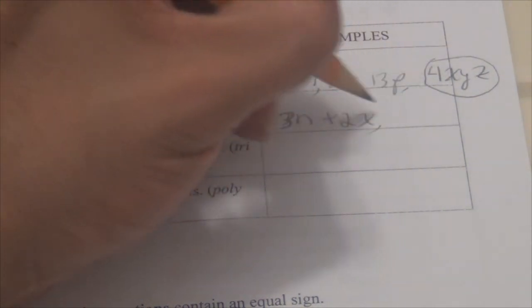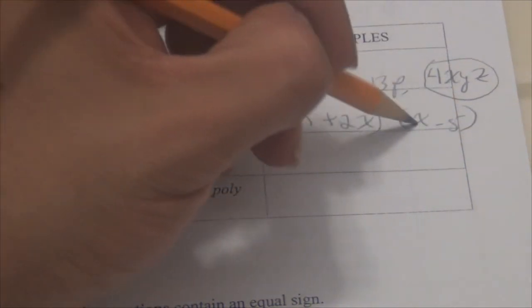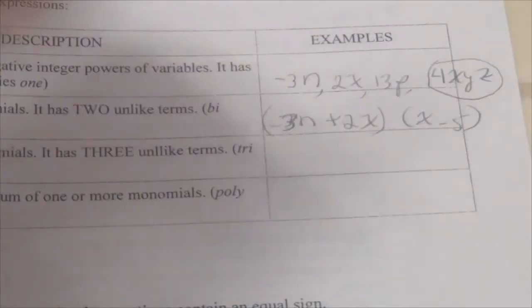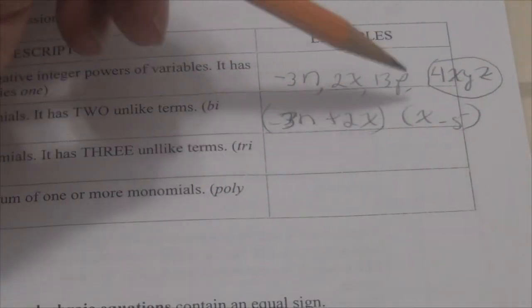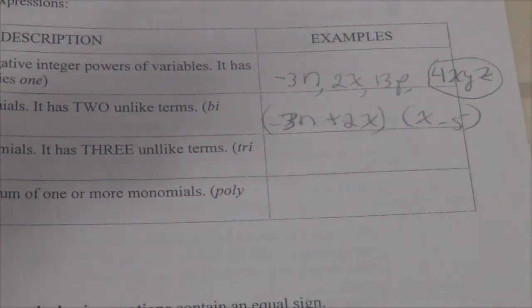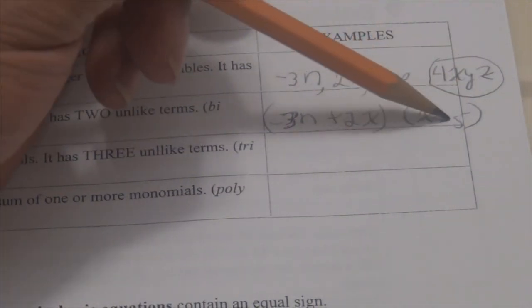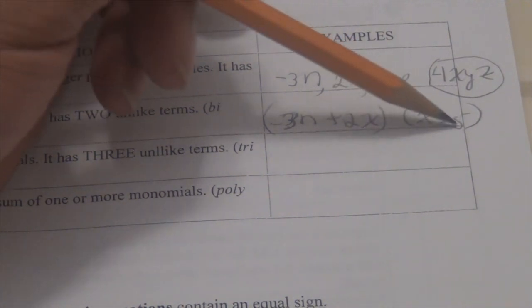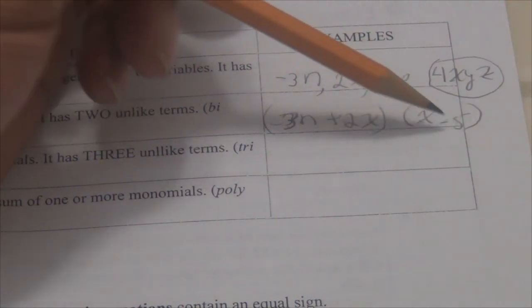Also, you have, okay, let me put this in parentheses, x minus 5. That's a binomial. 1 term, 2 terms. It says separated by either a sum or a subtraction. I know subtraction is the new sum, the sum is the new subtraction, whatever. But if it's divided by plus or minus, then it's a binomial. If it has 2 terms.